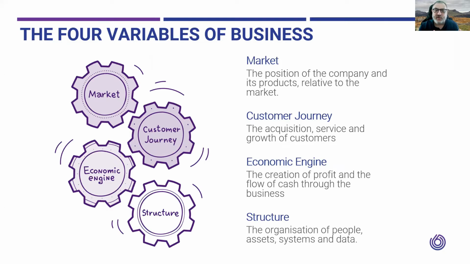So we're trading off decisions against the position of the company in its marketplace, the experience of customers, the economic engine, the level of profitability we're trying to create, and the organization structure we have. So every time we make a decision, at the very least, we need to consider each of these four aspects as part of the decision-making framework.